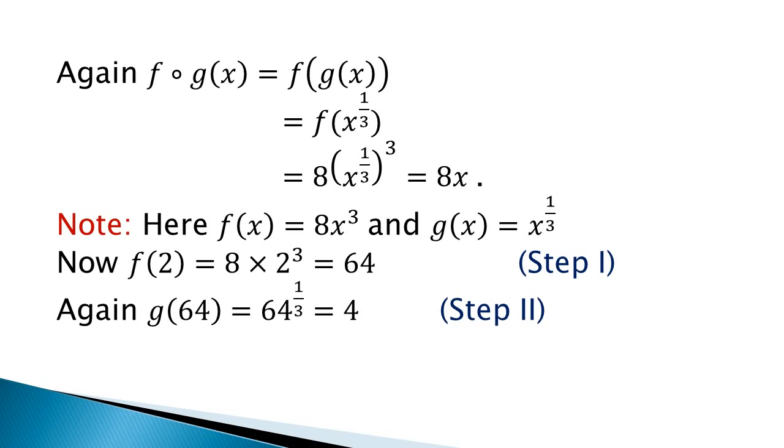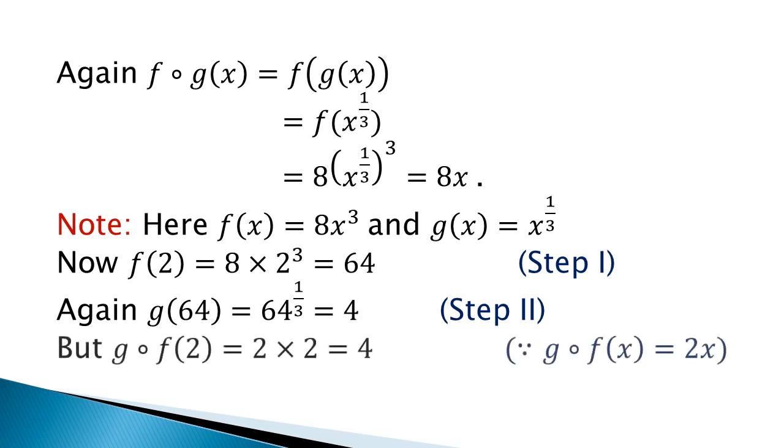And here also, the image of 64 under the function g is equal to cube root of 64. Cube root of 64 will become 4. That means after 2 steps, the image of 2 is obtained as 4. We have to do 2 calculations here. The image of 2 has become 4 after 2 steps.